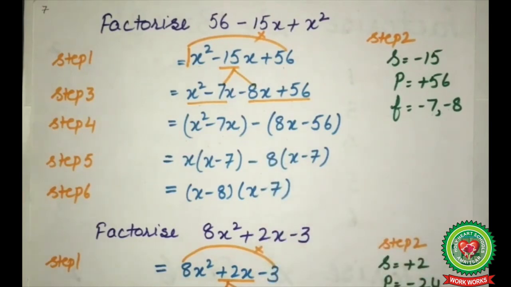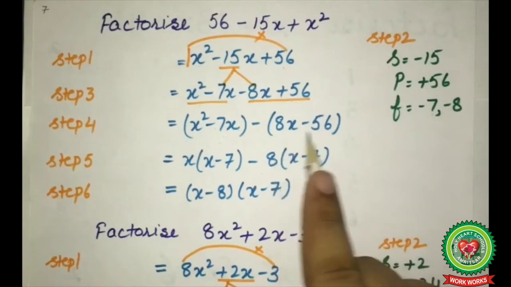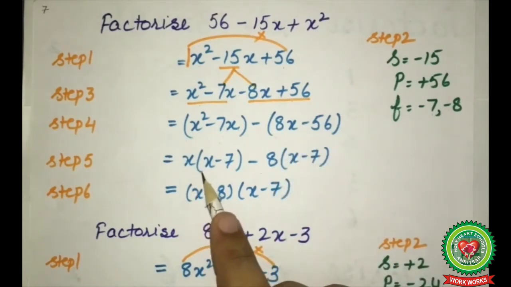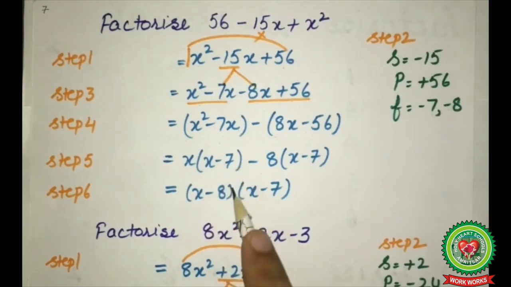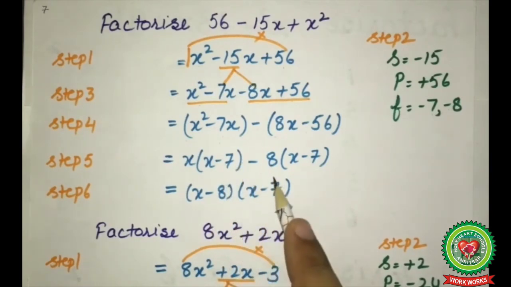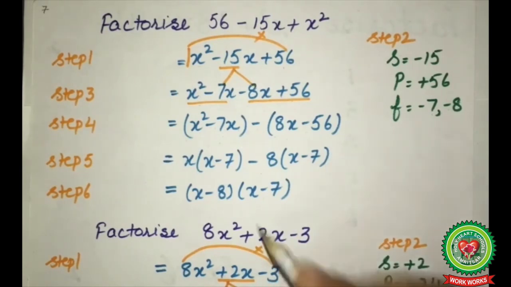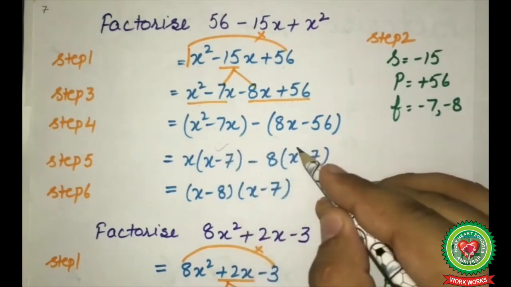Now we need to take out common from both the groupings. In the first group, x is common, and in the second group, 8 is common. So on taking out common, we get x(x minus 7) minus 8(x minus 7). Now students, in this sum also, in both the brackets, the terms are same.